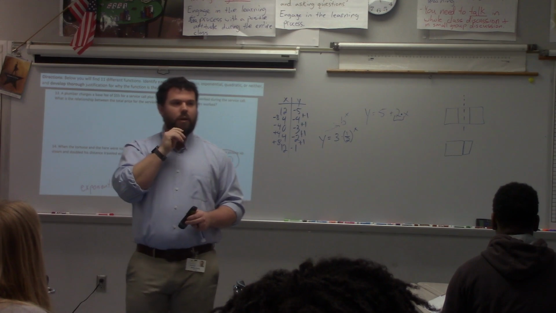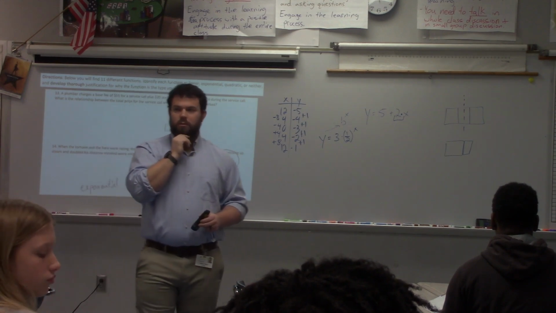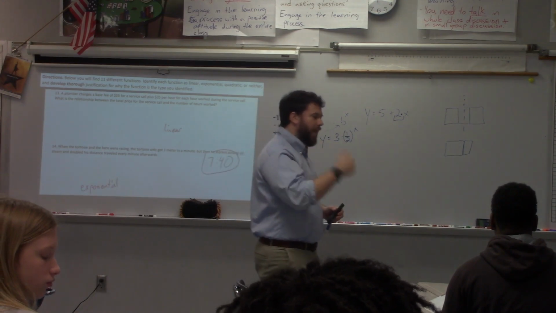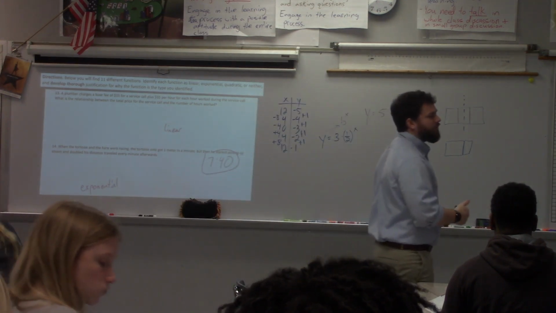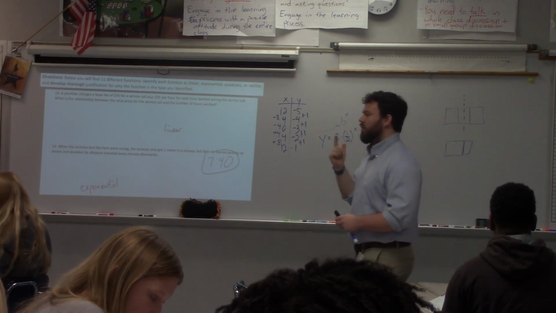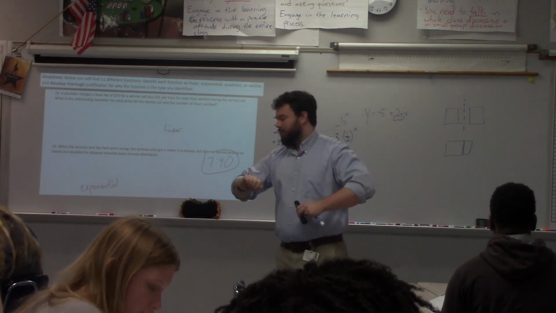So then what do we mean by range? All y values for a relation. Domain is the set of all x values for a relation. Your range is the set of all y values for a relation.